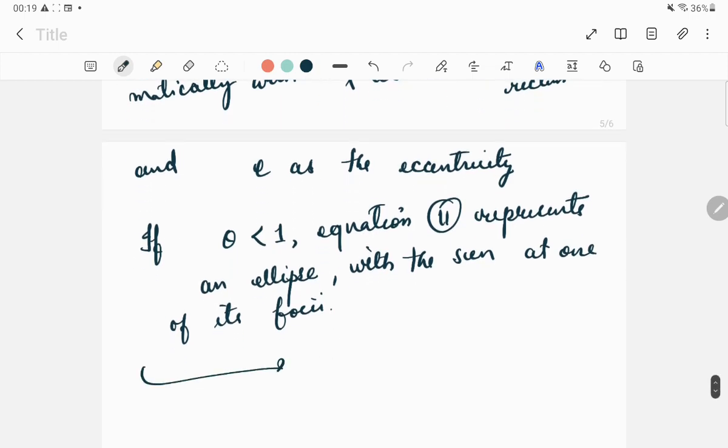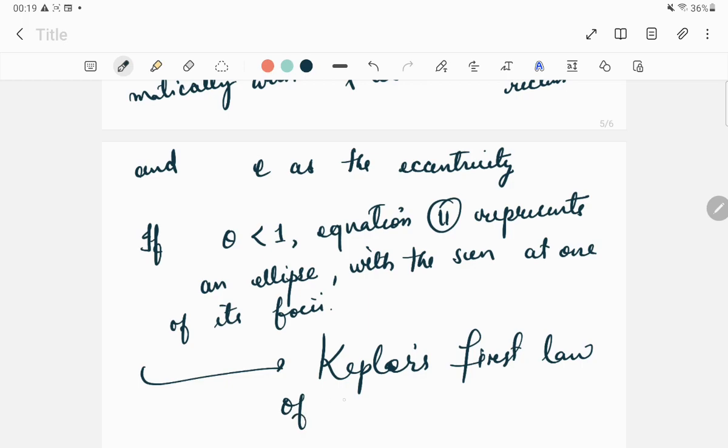So this thing is nothing but Kepler's first law of planetary motion.